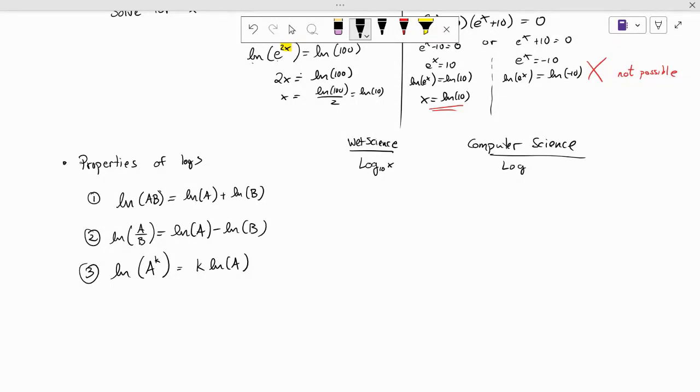And for computer science, what's another base you like to use? Bits, binary, so you often see log base 2. Anyway, just a side: we're using base e. Awesome.